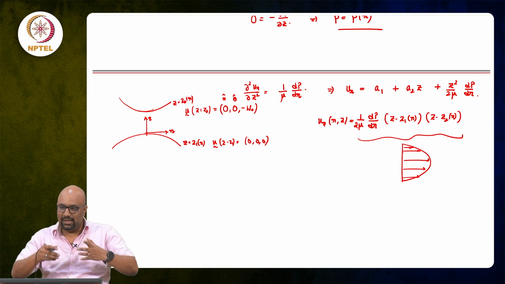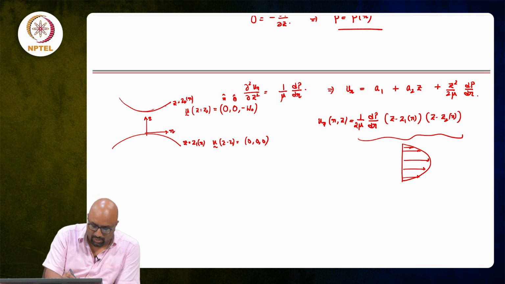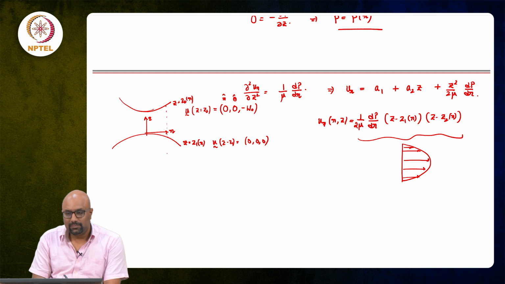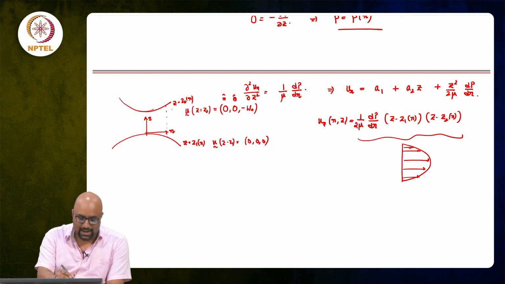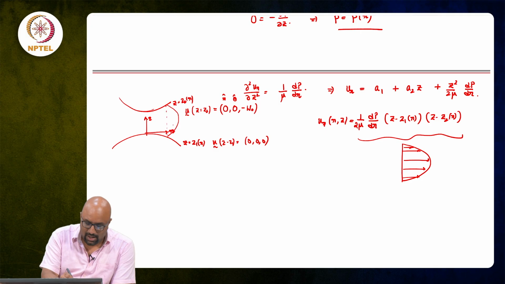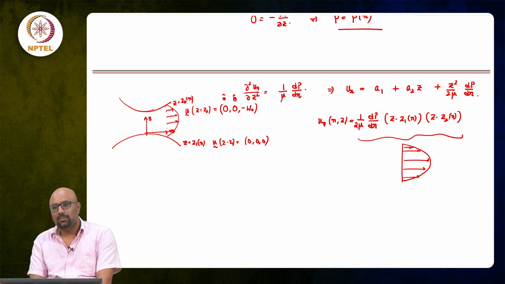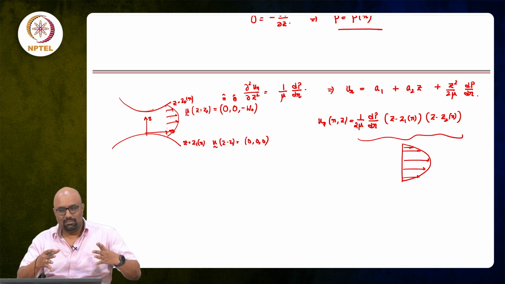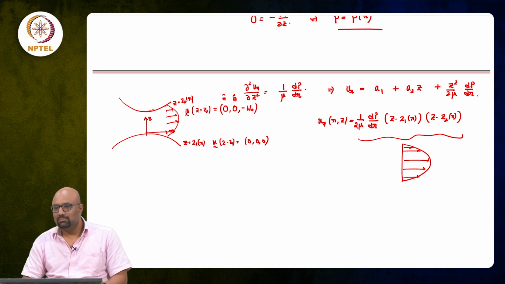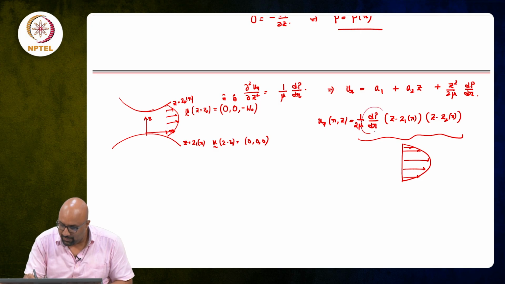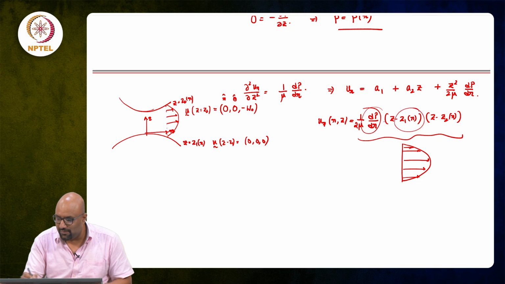So, what you are seeing is that if I were to look at a particular radial location, at that radial location I am basically going to observe a local pressure driven Poisson flow. But the Poisson flow is not the same at every radial location, because you have dp dr which could be a function of r, we also have z1 and z2 of r which are functions of r.